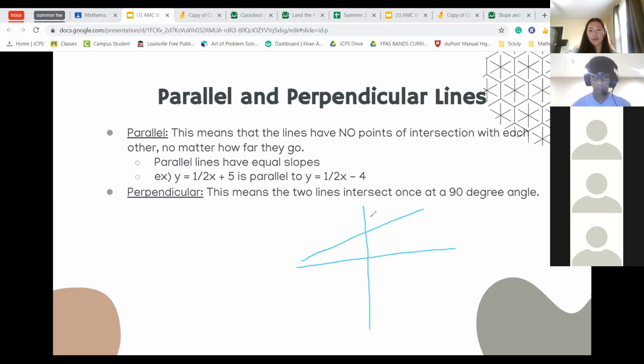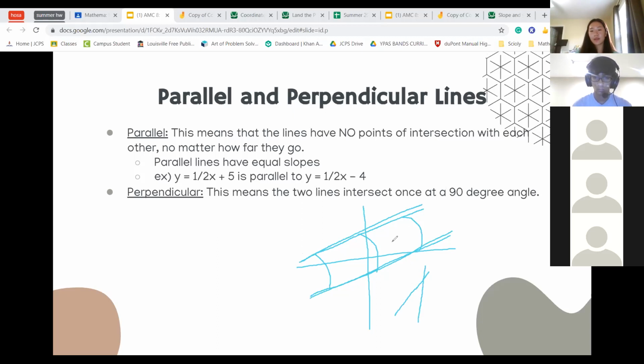And then our second one was at -4. Notice that they're not touching right now. The distance between the two lines is going to be constant the whole way. They're never going to get closer and closer until they cross. Since their slope is the same, they just keep going on forever without touching.